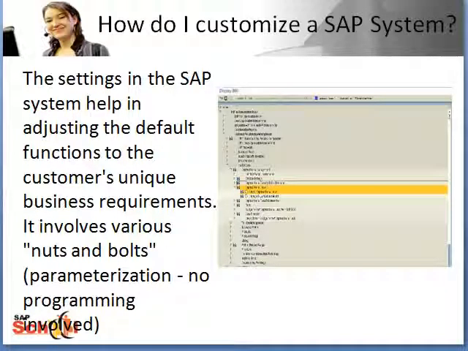There is no coding involved. You do not have to write anything in ABAP 4 or Java or any other programming language, but you need to understand the business process and make the parameterization appropriate for that.